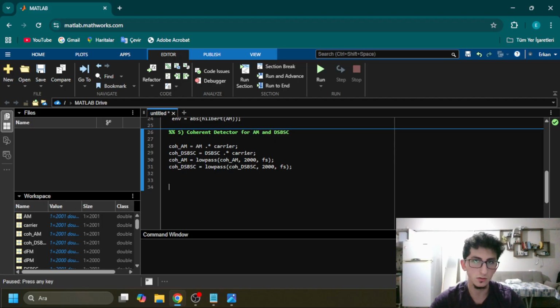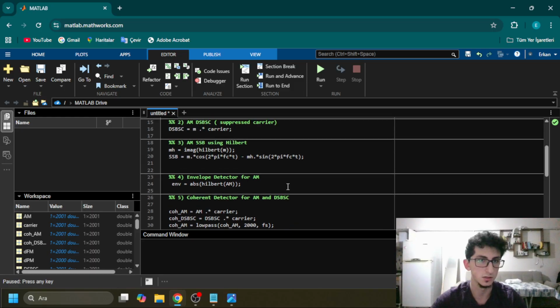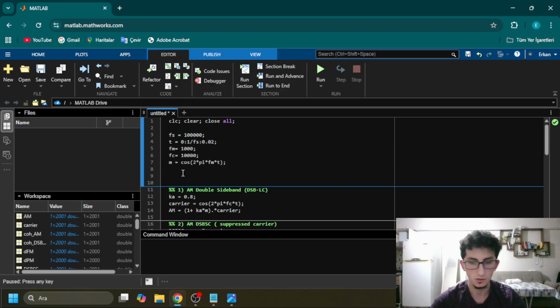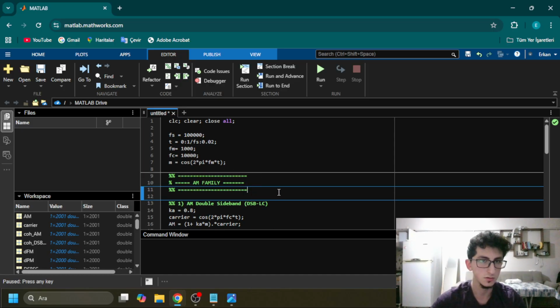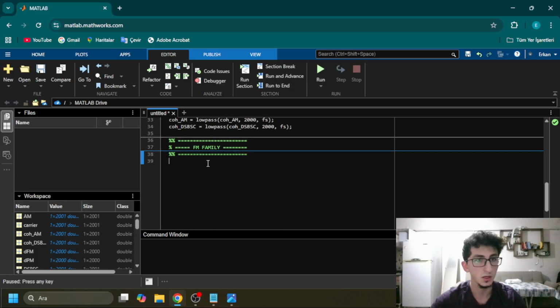I'm gonna make a quick copy paste in here to make them separate like that, and for the next step I'm gonna make it the same in here to make them separate. Yes, it's clear now.